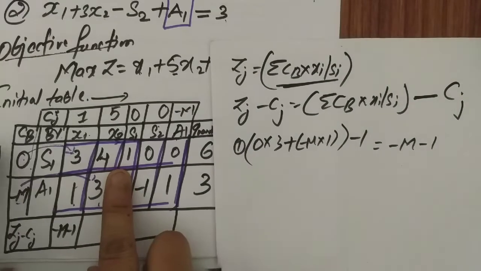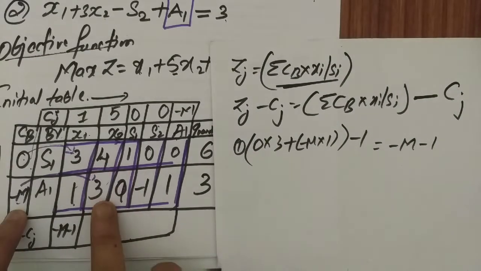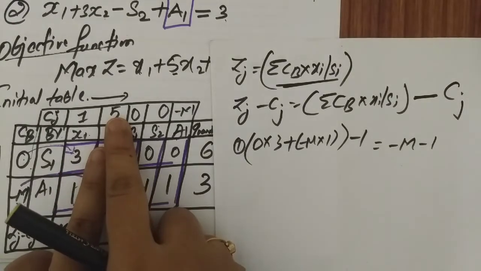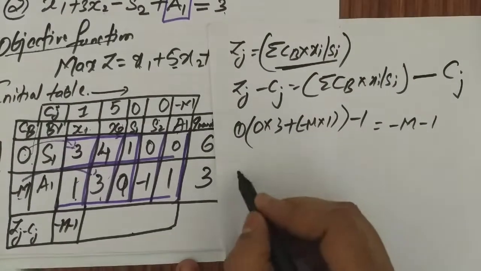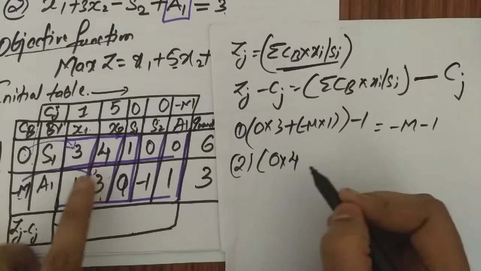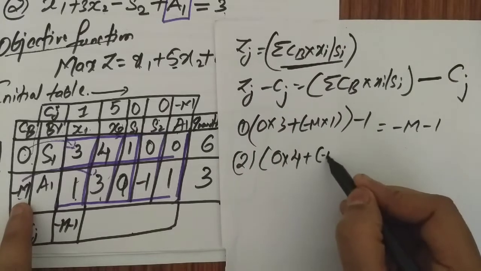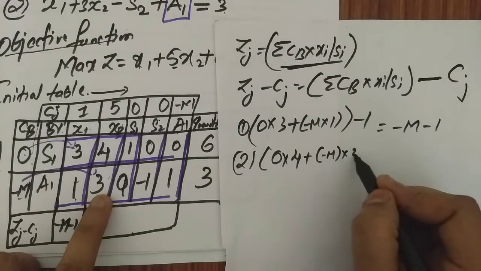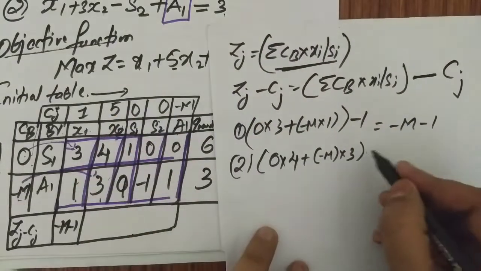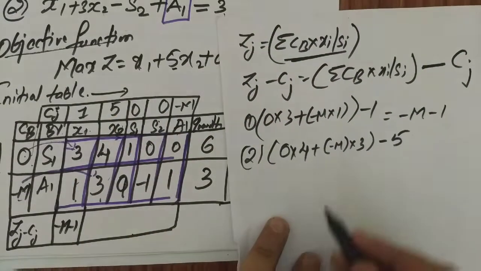Just multiplication. See here: 0 into 4 plus minus m into 3. This entire value has to be subtracted from Cj. Cj is 5.